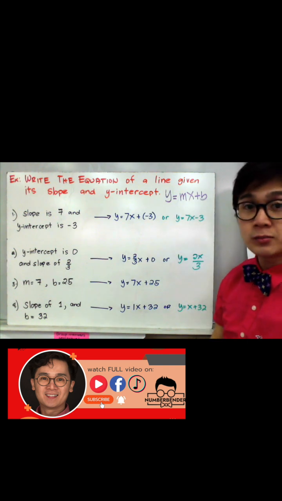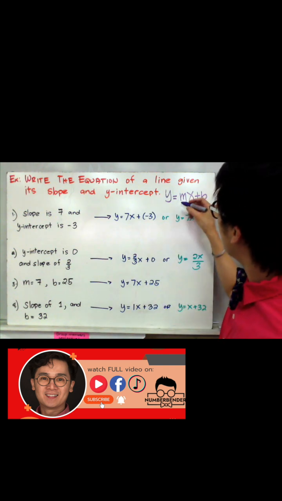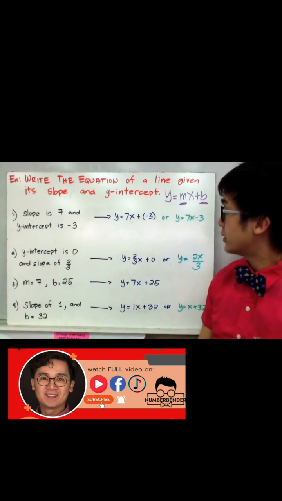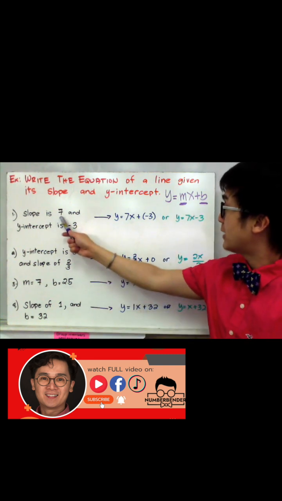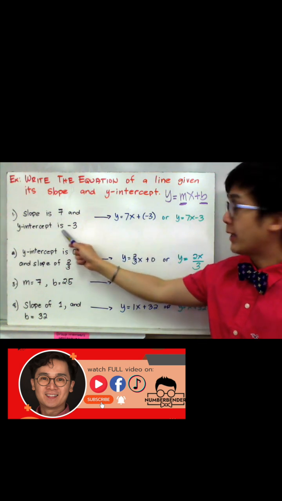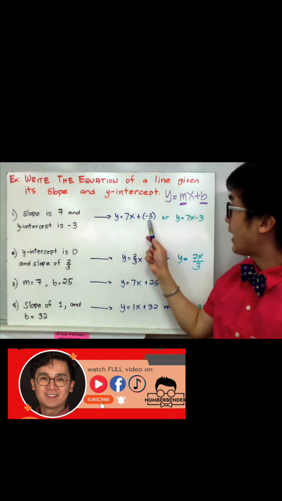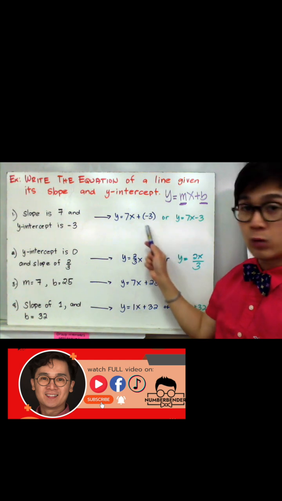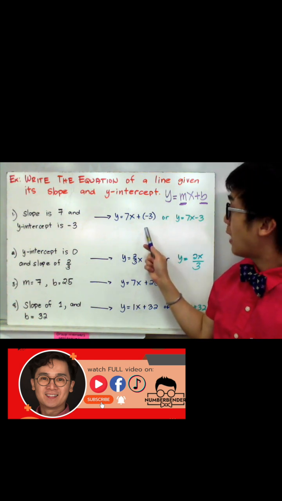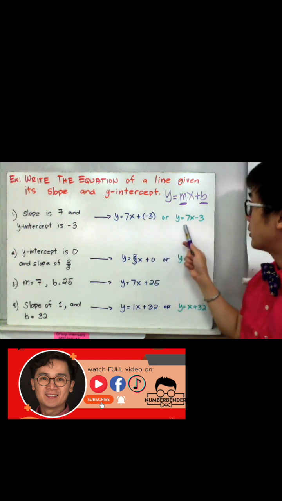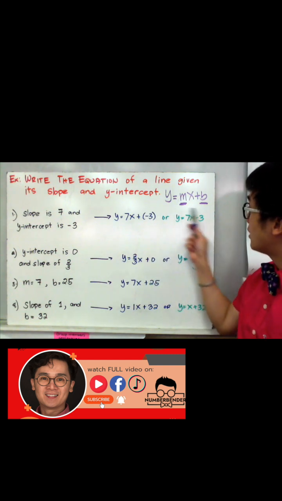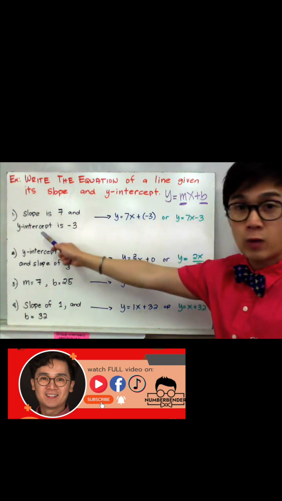So by direct substitution, all we need to do is to replace m and b by the given parts. So since we have the slope of 7, we have y equals 7x plus the y-intercept of -3, so we have -3 written as our constant. Now to further simplify your equation, we can write the slope-intercept form into y equal to 7x minus 3.